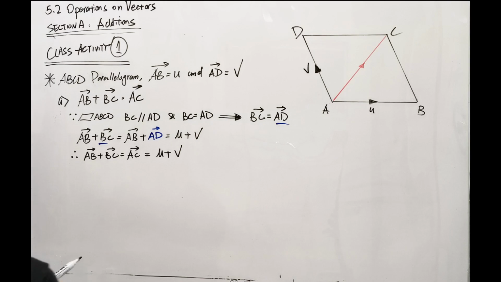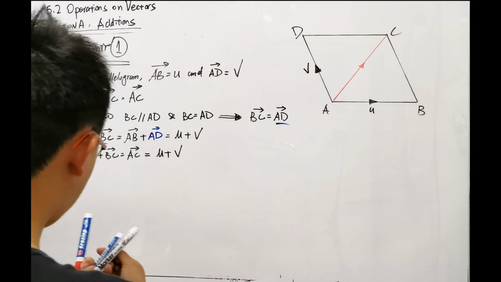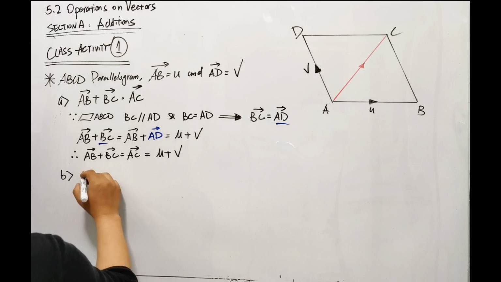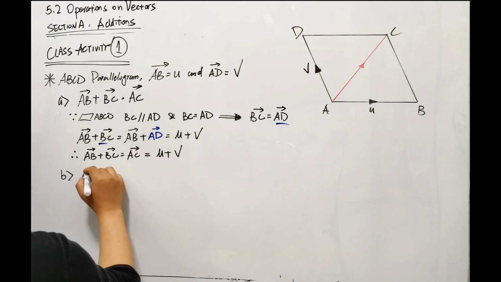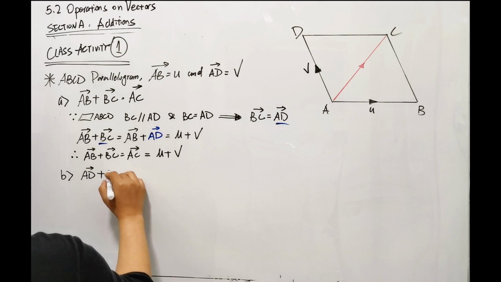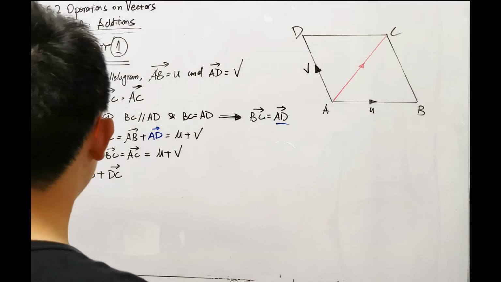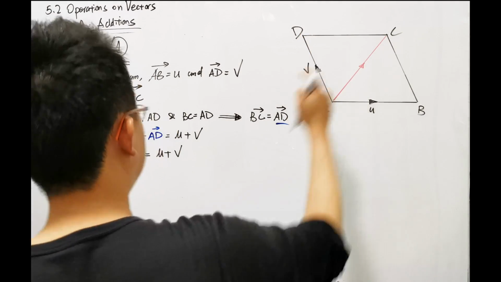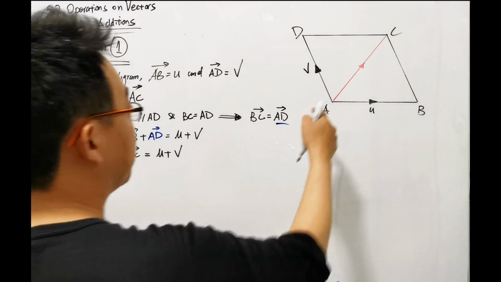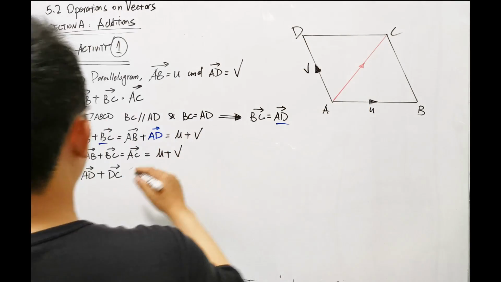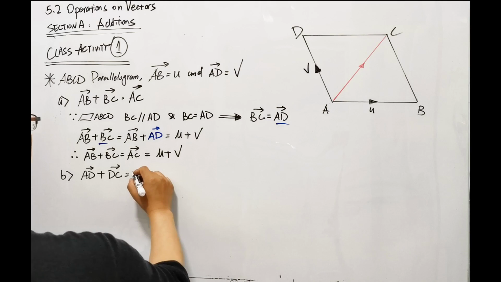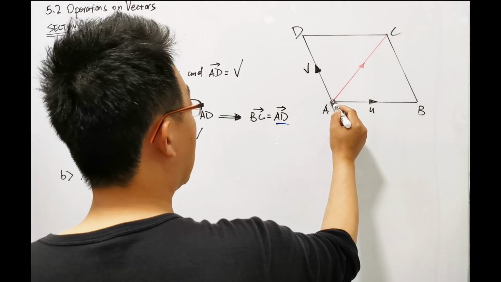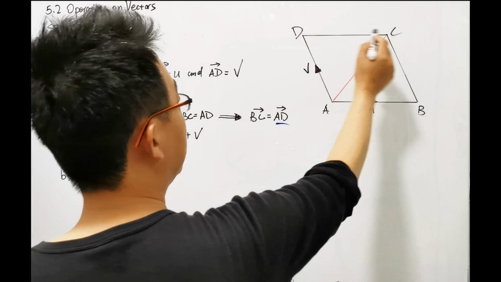So this is the first question. Now we move on to question B. In question B, we're going to find AD plus DC. Again, from the diagram we know that this is also equal to AC, because the object moves from here to here, and from here to here.